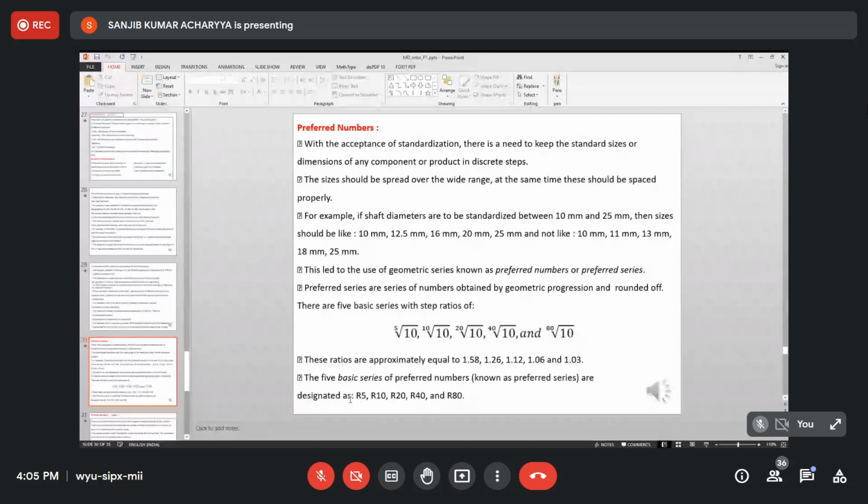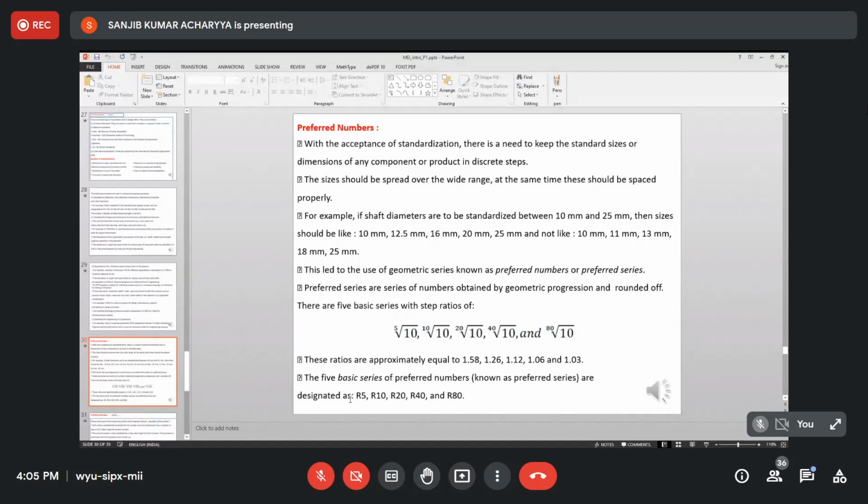Suppose fifth root of 10 is the value 1.58. So a geometric series with common ratio 1.58 will give you a series, and different members of that series should be the dimensions which will be accepted for standardization. Similarly, another series where common ratio will be the 10th root of 10, means 1.26. Another series 1.12.